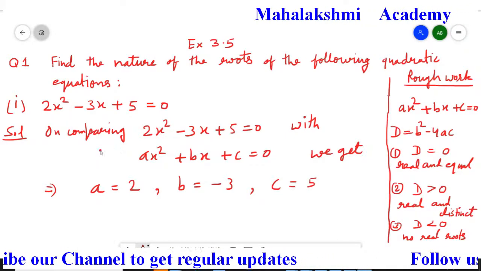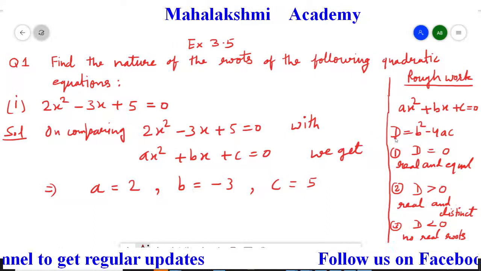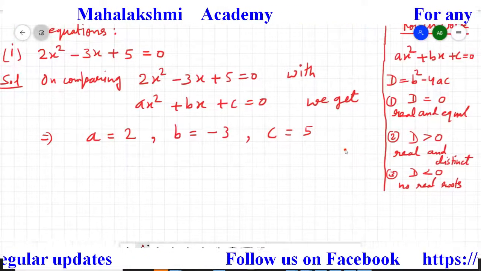Now after finding the values of a, b, c, we are going to find out the discriminant. That I am going to do now.